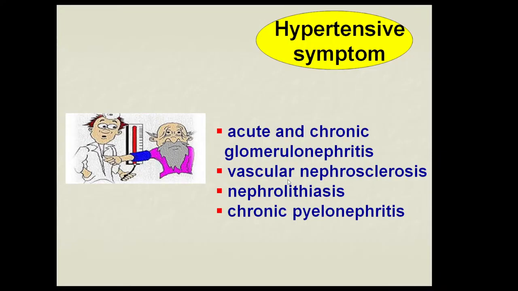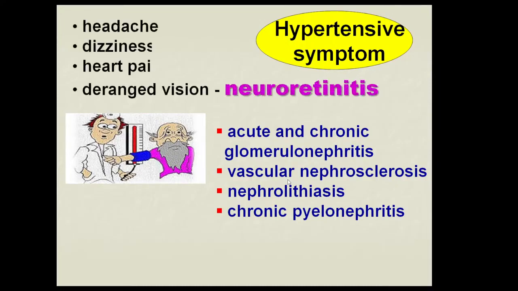Later, it appears in patients with nephrolithiasis and chronic pyelonephritis. Hypertensive syndrome clinically hasn't any specific characteristics. The patient feels headache, dizziness. It can be accompanied by heart pain, which is characteristic for hypertension of any origin.